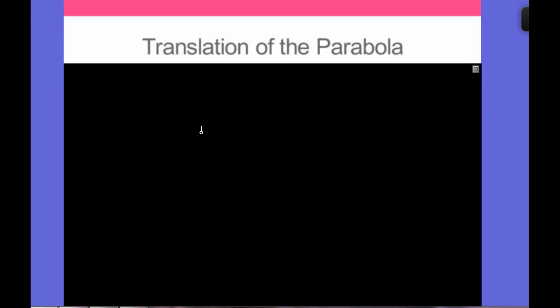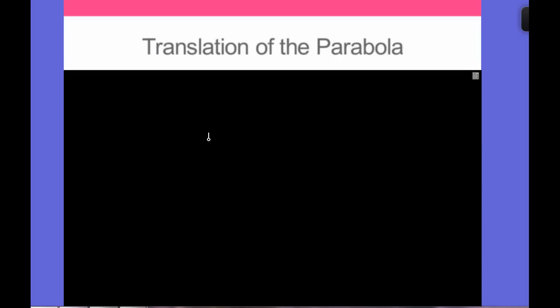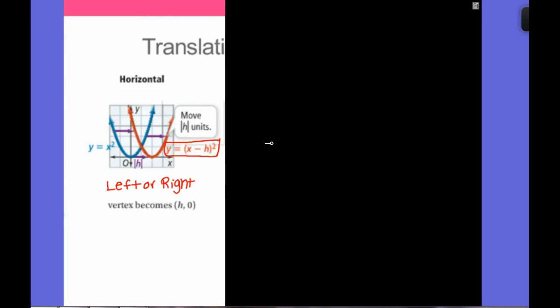Okay, so when we're translating a parabola, like I said, we focused on stretching, compressing, and reflecting on day 1. For day 2, we are going to focus on horizontal and vertical translations. A horizontal translation occurs on h. If h is positive, then it goes to the right.